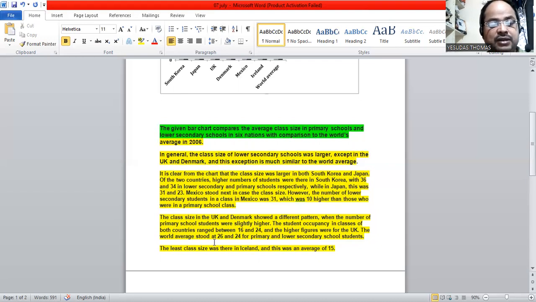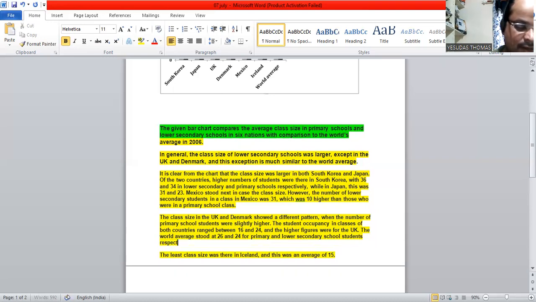The world average stood at 26 and 24 for primary and lower secondary students respectively.